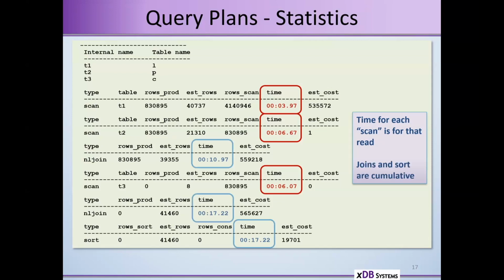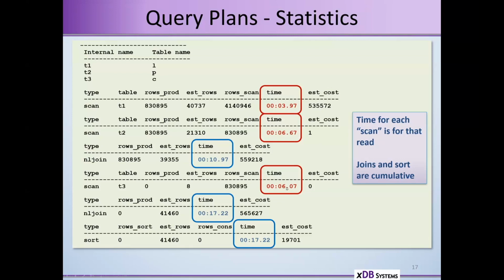Now that's different from what we see in the other operations, the joins and the sort. These times are cumulative. So what we see here, we spent almost 4 seconds reading the first table, 6.6 seconds reading from the second table. Our join time is not just the time taken to join this, but by this point in the query, we'd spent just under 11 seconds to read from the first table, to read the second table, and then to join them.